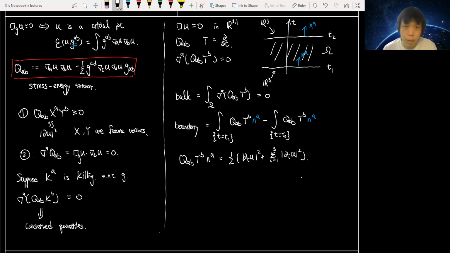So it's not only non-negative, it captures the H1 norm of u. Then let's define the energy E(t), defined to be along the time slice t equals T1, the integral of half (∂_t u)^2 plus the sum from 1 to 3 of (∂_i u)^2.